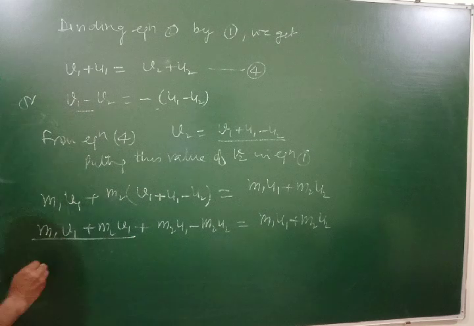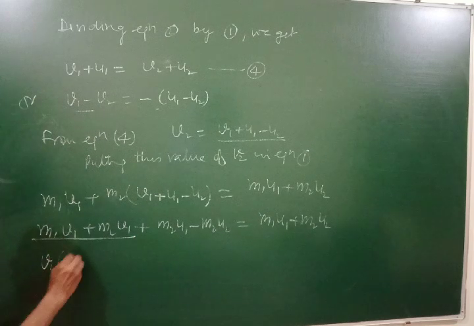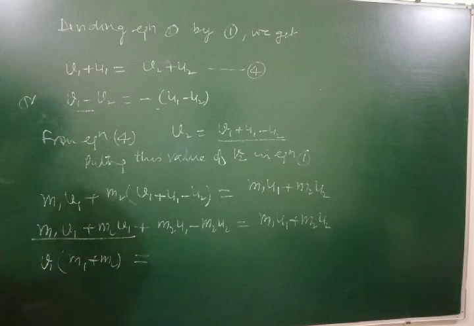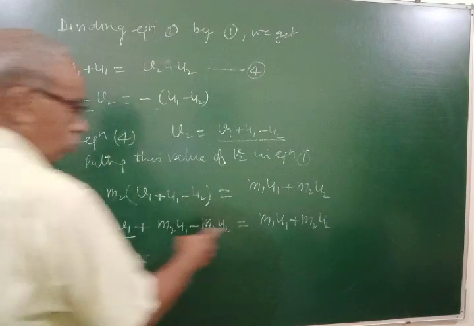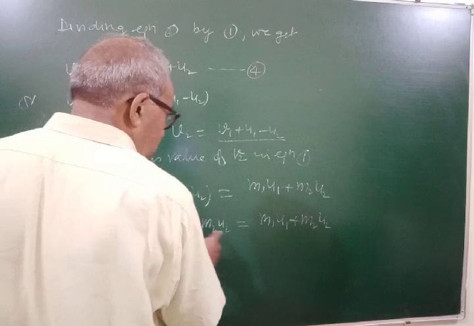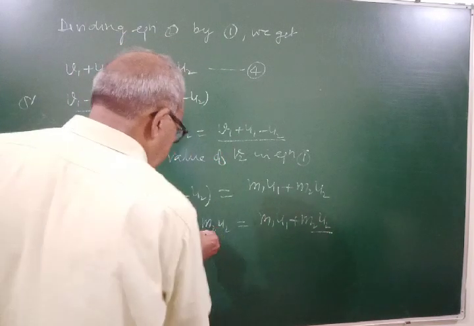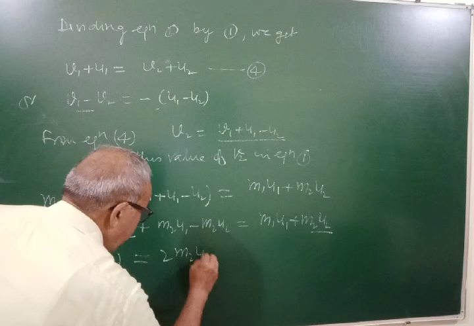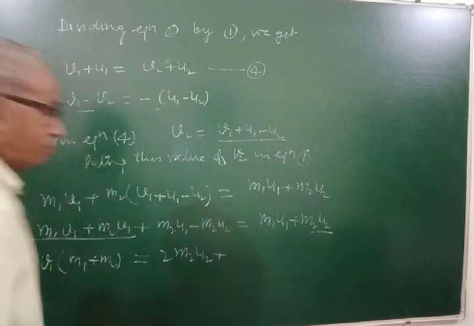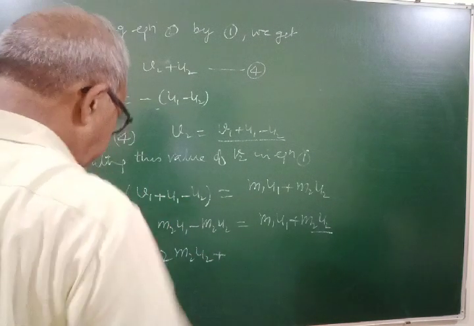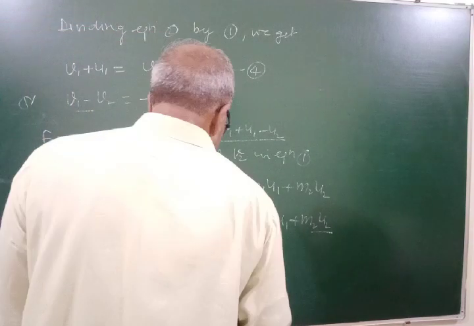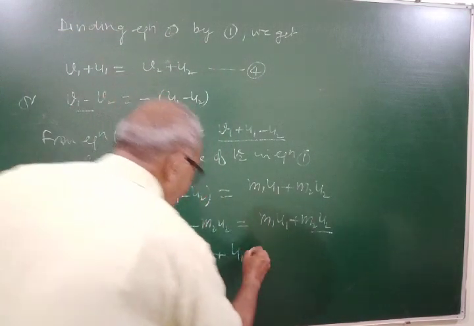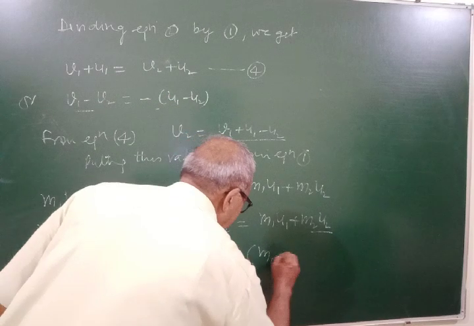In this V1 common, M1 plus M2 equal to 2 M2 U2 plus U1 common, M1 minus M2.